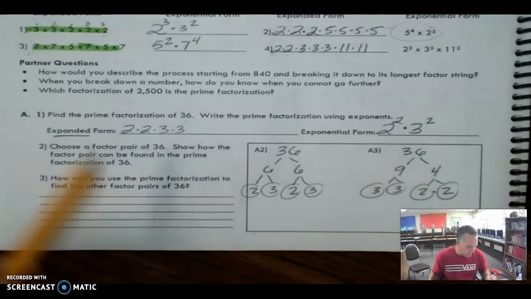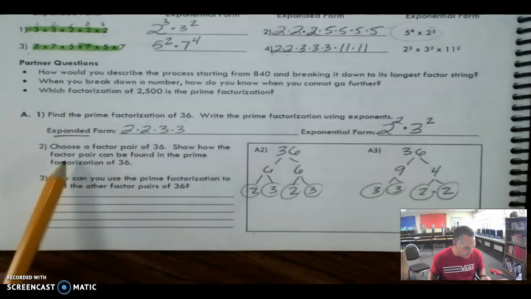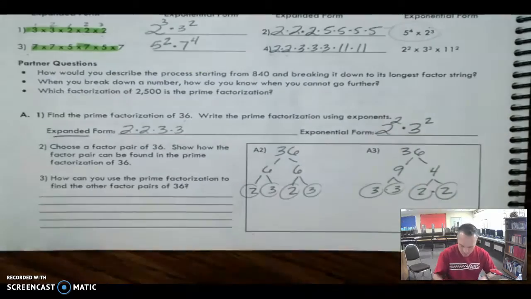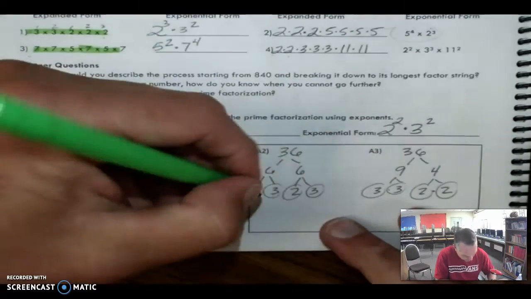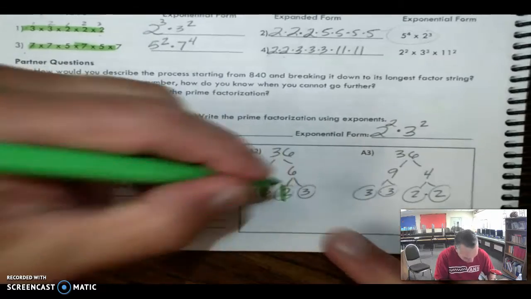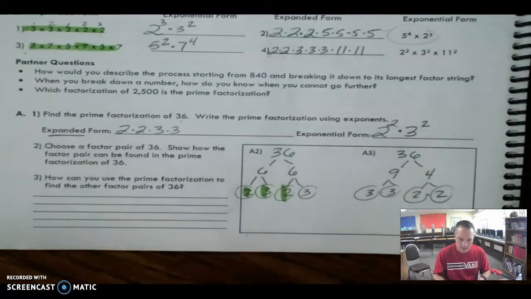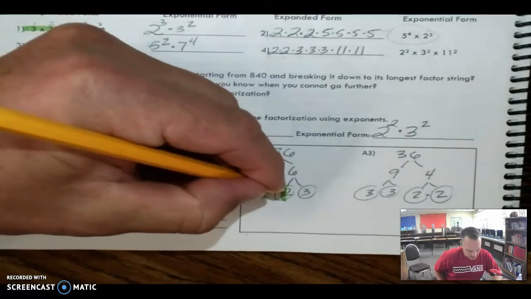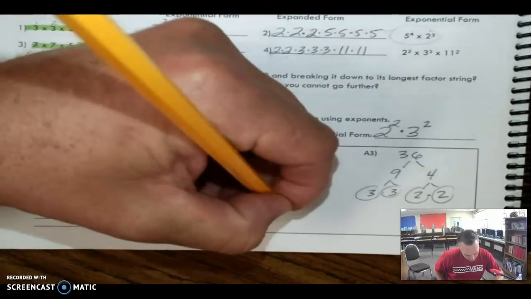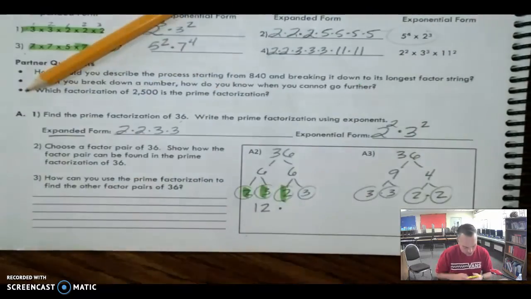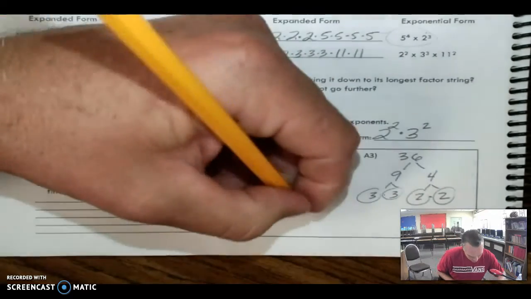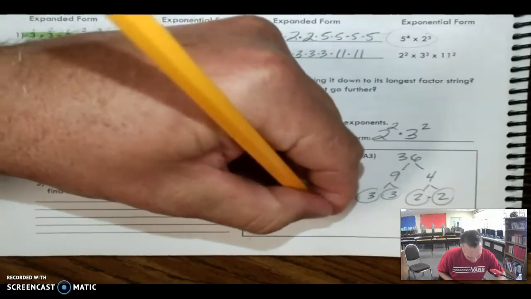And so then it says choose a factor pair of 36 and show how the factor pair can be found in the prime factors. So that's a huge way of saying what they want you to do. I'm going to highlight 3 of these, okay? 1, 2, and 3, and I'm going to multiply those together. So I have 2 times 3 is 6, times 2 is 12, and then what's left over is this 3, right? So I'm going to multiply by 3, and you get 36.